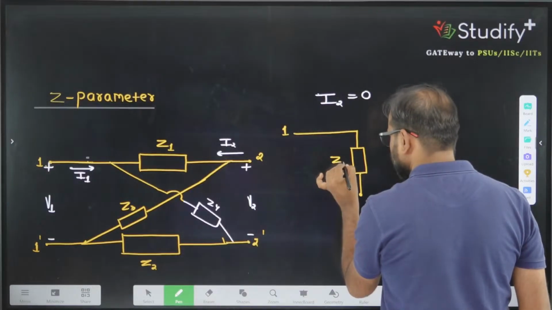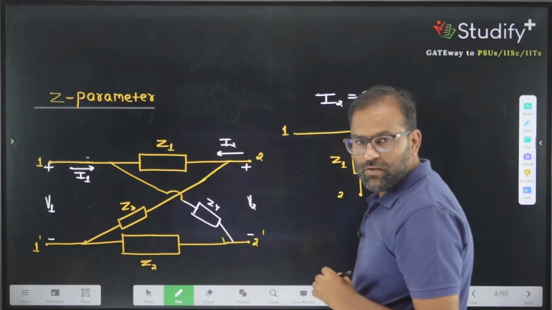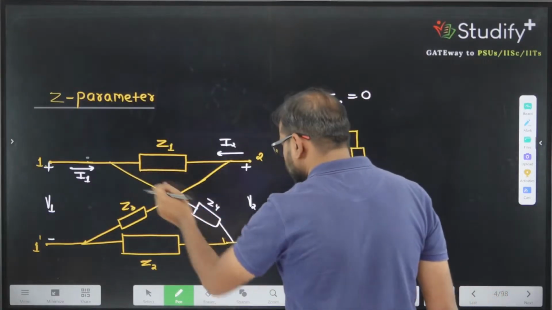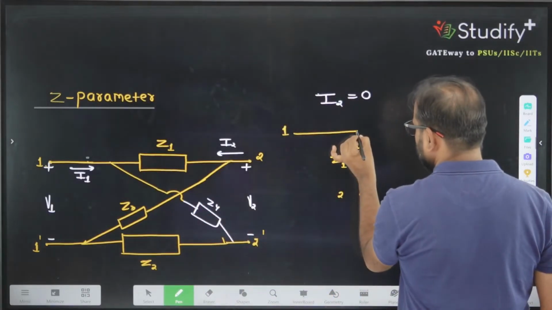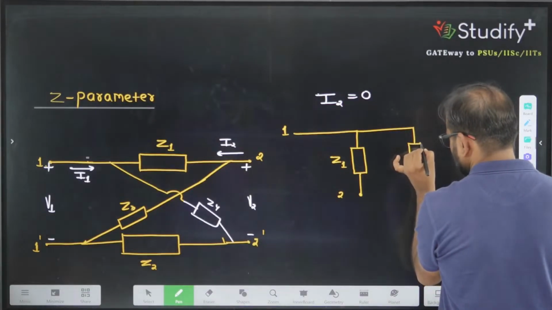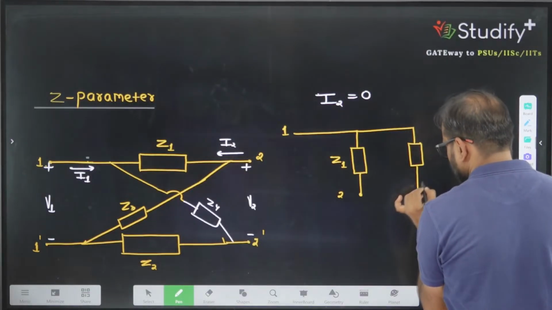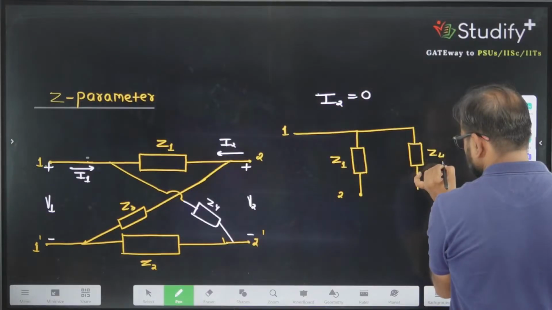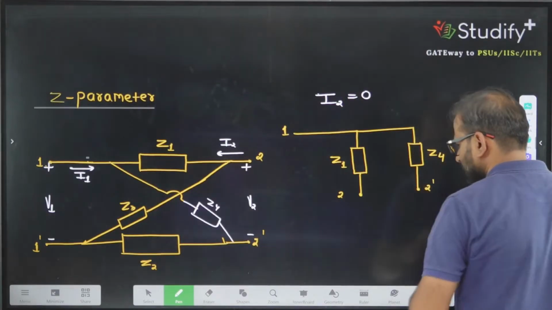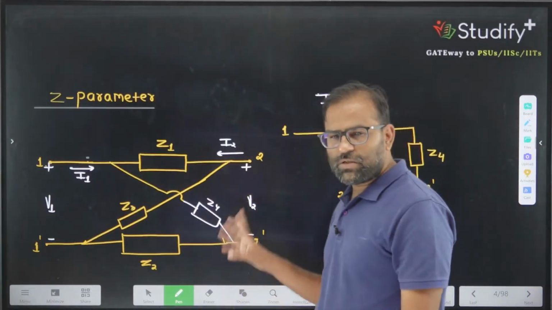So let me call this value Z1. What is connected between terminal number 1 and 2 dash? Z4 is connected. So this is Z4 and we are calling this terminal 2 dash. So these are the two terminals 2 and 2 dash.